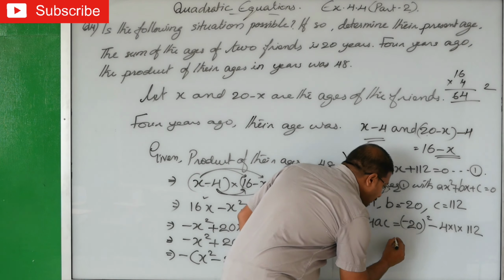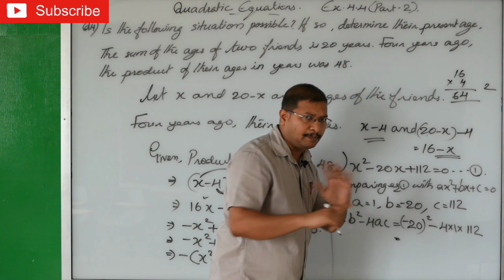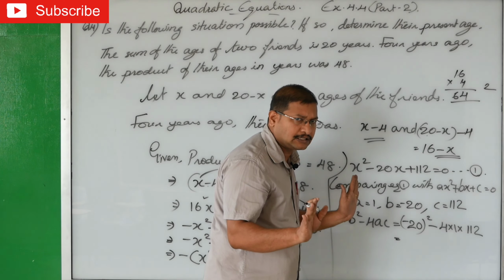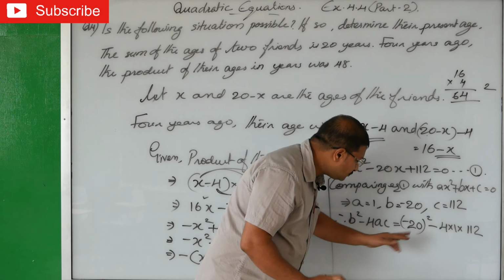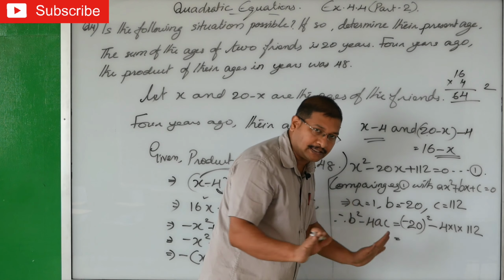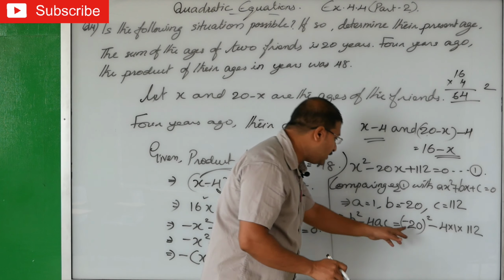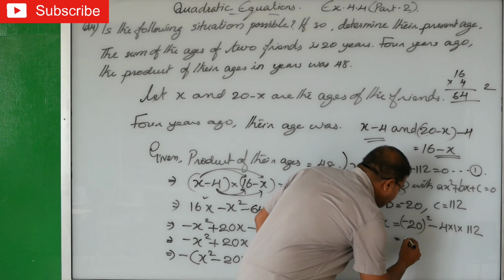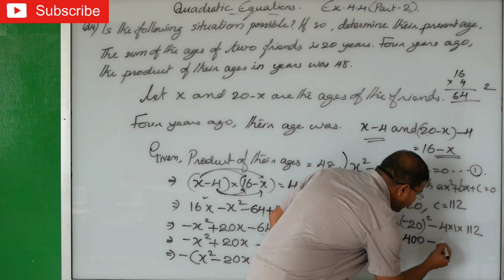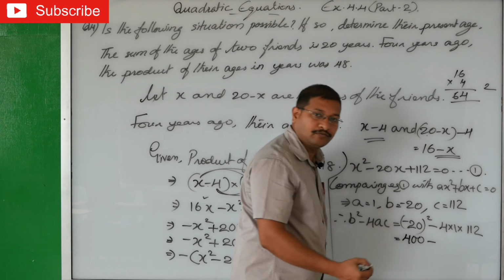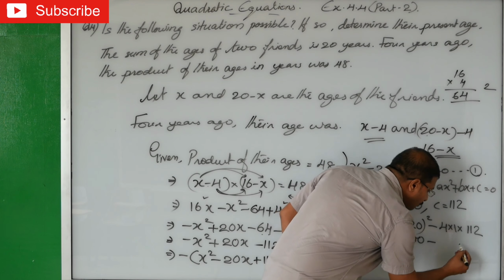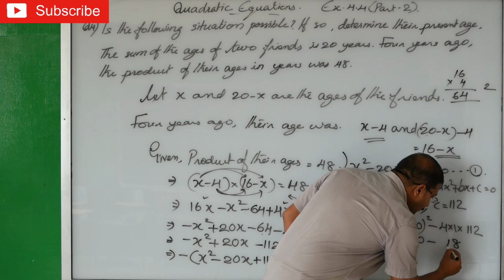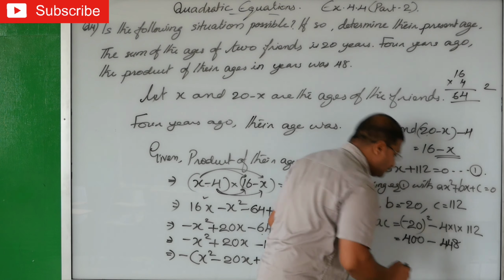Ready? Minus into minus is plus, so no need to write the minus. Now 20 square means 20 into 20 is 400. Minus 4 into 112. That means what can you do? 4 into 2, 8. 4 into 1, 4. 4 into 1, 4.